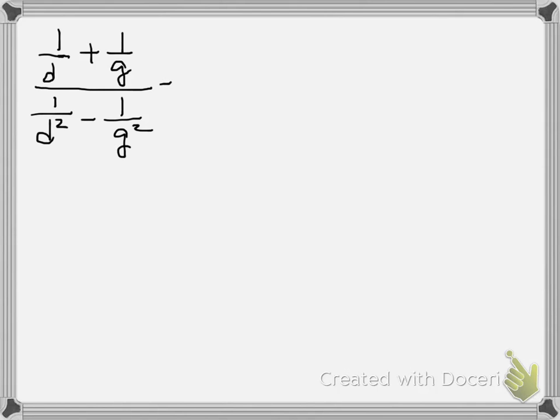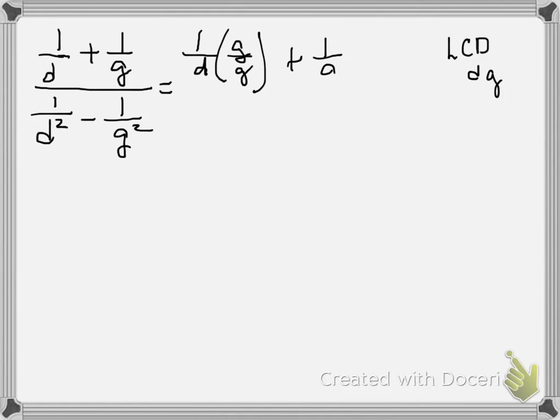All right, in the numerator, the least common denominator is dg. So I'm going to multiply the first fraction, 1 over d, by the missing factor of g over g, plus 1 over g, I'm going to multiply that by the missing factor of d, so d over d.